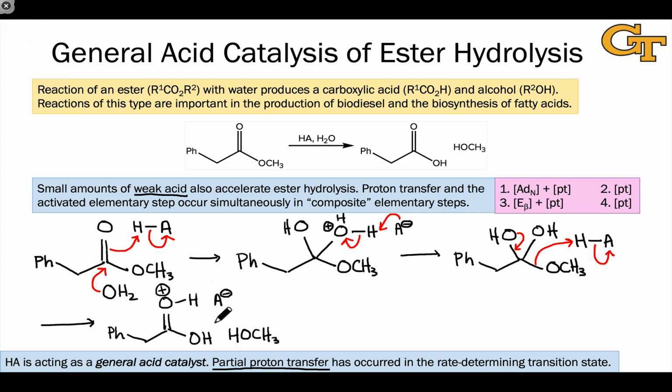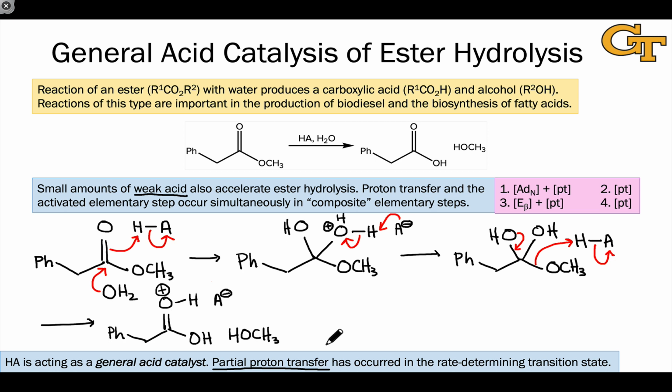The products of this step are the protonated carboxylic acid, an intermediate we actually also saw in the specific acid-catalyzed mechanism, the conjugate base of the general acid catalyst, and the alcohol, HOCH3. Notice that the alkoxy group, the OCH3 group, remains neutral throughout the beta elimination step.